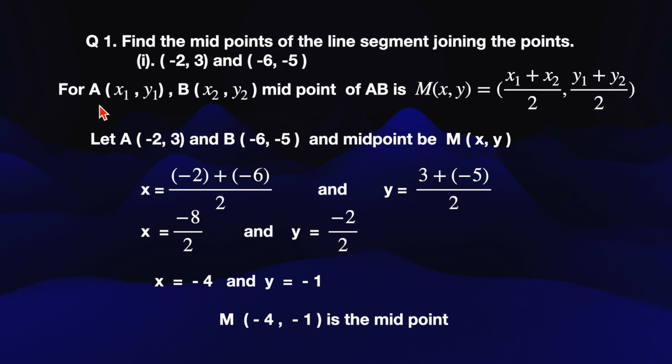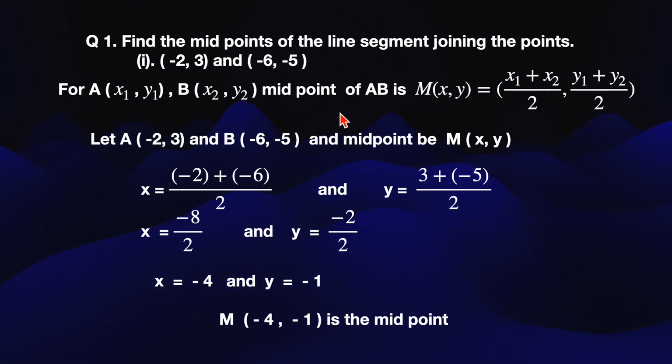For A (x1, y1) and B (x2, y2), the midpoint of the line segment AB is given by the letter M. The coordinates of this point M (x, y) are equal to x1 plus x2 upon 2, and the y coordinate is y1 plus y2 upon 2.